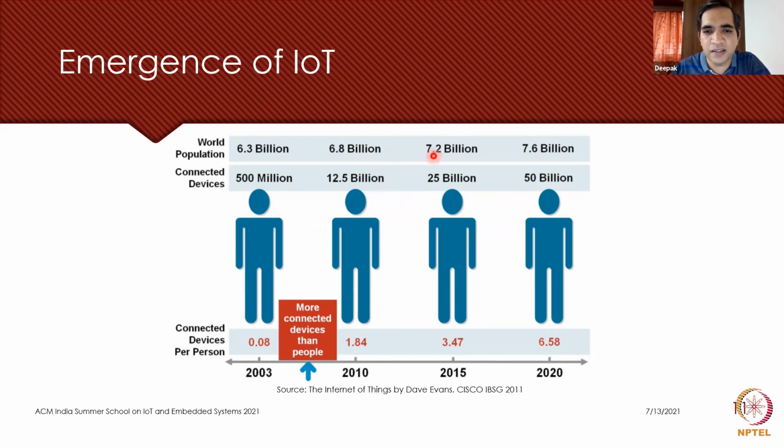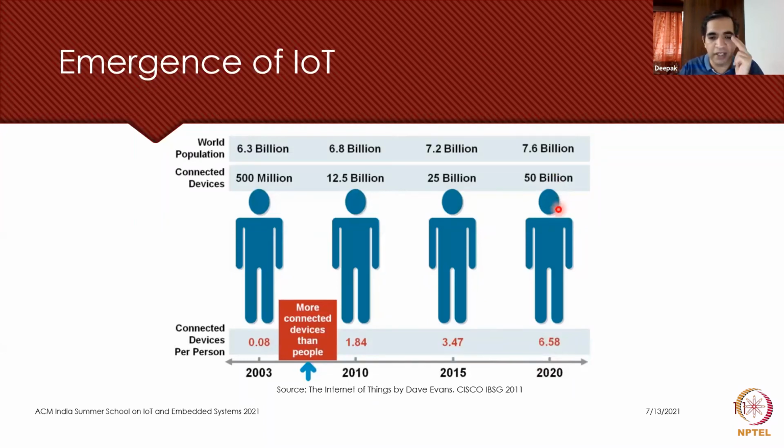And this gap is increasing pretty fast now. In 2015 it was about 3.5 times, and in 2020 the number seems to be 6.5 times, very close to 7 times the number of people.